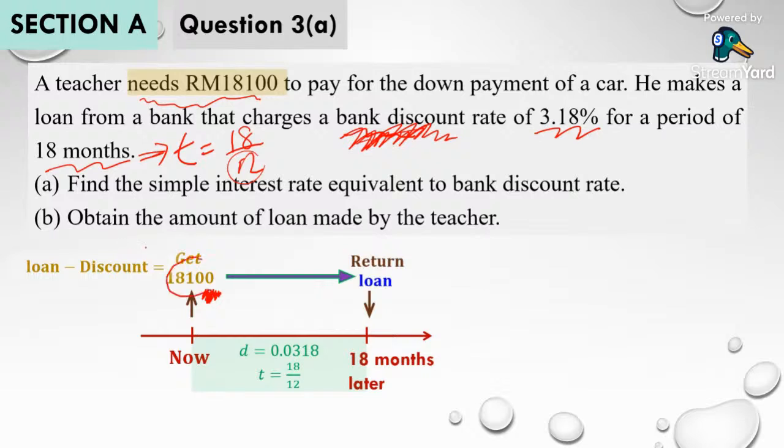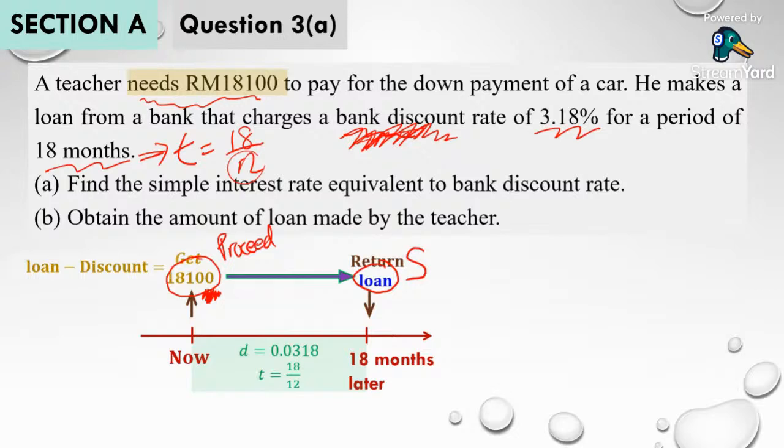This amount obtained is the proceeds of the discount, the amount received. And the amount returned is the loan, which is the S in our discussion on simple discount.